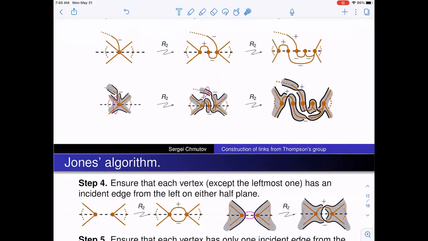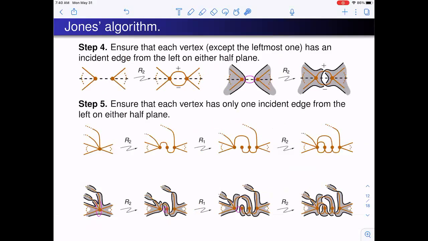Now, the next thing: I have to satisfy that last condition for the Thompson position. I need to correct the direction of the edges from the left. Suppose there is no edge to the left from that vertex. And for every vertex except the leftmost one, there has to be an edge from the left.